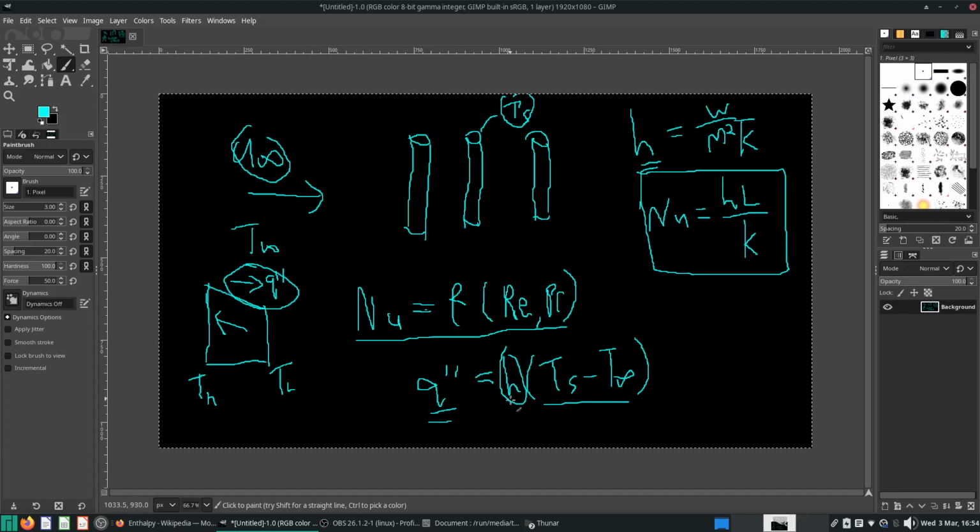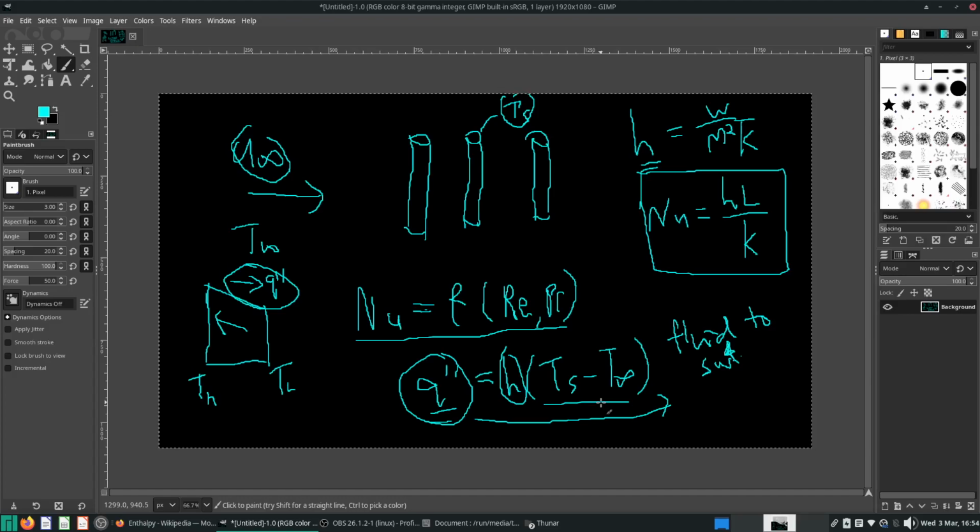I have not defined what this heat flux is. If it's this formula, it will be from the fluid to the surface, because the temperature difference is defined as the surface temperature minus the fluid temperature, so they have to be going opposite.